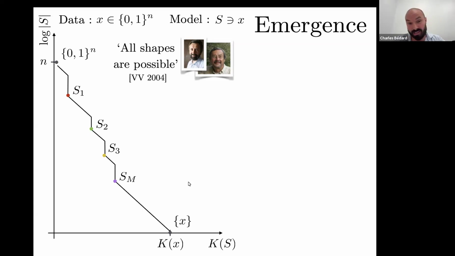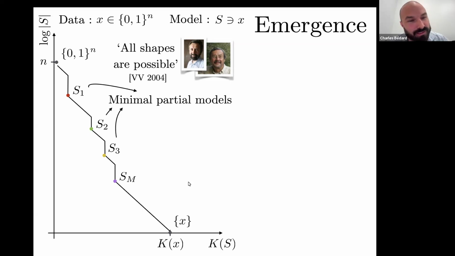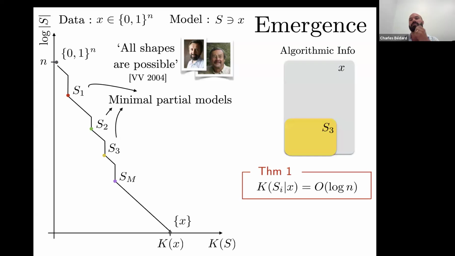And what could we say about these models? We call them minimal partial models because they look like the minimal sufficient statistic, but they're partial. They don't grasp the whole of the relevant information in X. One thing we could show, which is very intuitive and somewhat straightforward, is that the algorithmic information in S3 is basically contained in X. So from X and logarithmic advice, we can compute the minimal partial models.